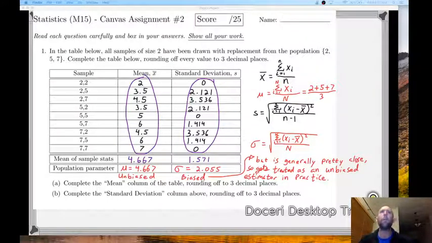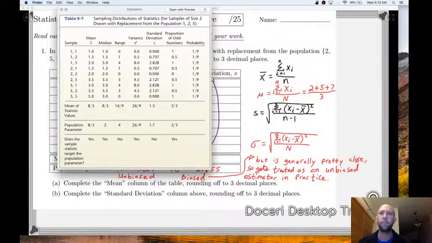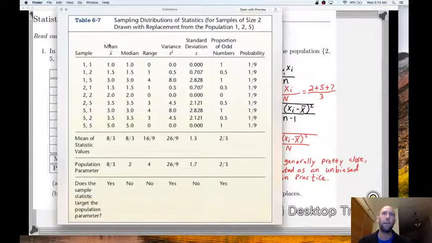Now, the whole point of this exercise is to help pave the way moving forward into chapters 8 and 9. When we're doing hypothesis testing, we want to know which parameters we can do hypothesis tests on. Taking a look at a larger table here, we have all these sample stats like mean, median, range, variance, standard deviation, proportions.